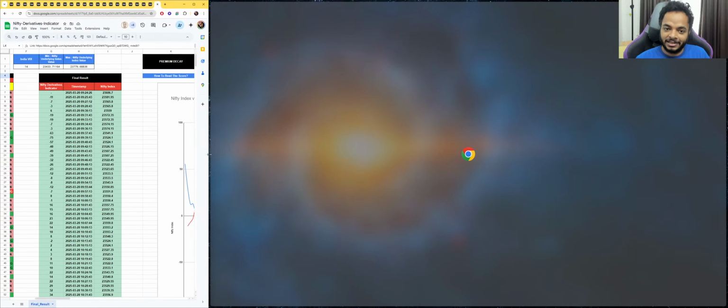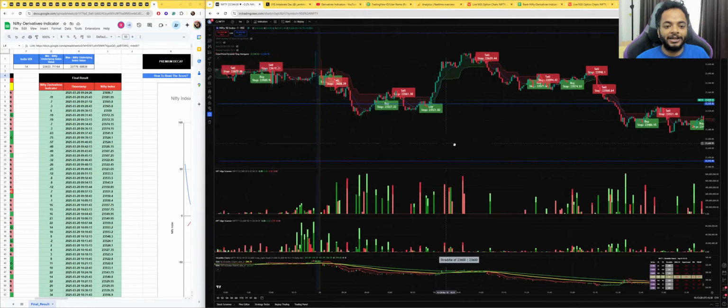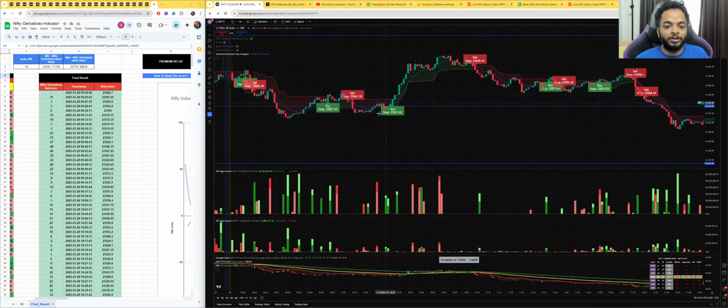That is how we analyze. We analyze the big guys' positions, and then we wait for the smart trend to give the signal on the 1 minute chart, for the day traders. If you are a swing trader, you can go with a higher time frame, like 30 minutes or 1 hour.